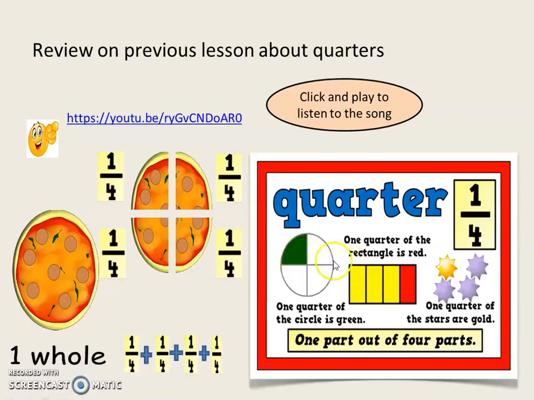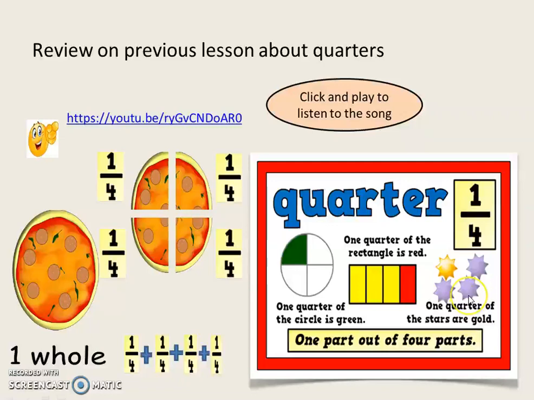If we shade the other parts, that is a quarter, and another quarter, and another quarter. But the shaded part, which is green, is what we call now 1 quarter of a whole. Same with the rectangle. It is split into 4 equal parts, and the red one is what we call 1 quarter of the rectangle.